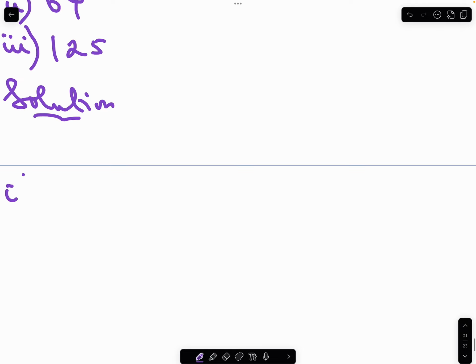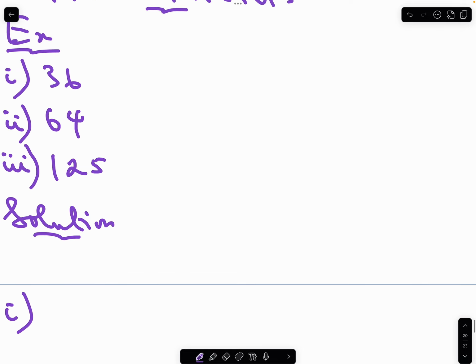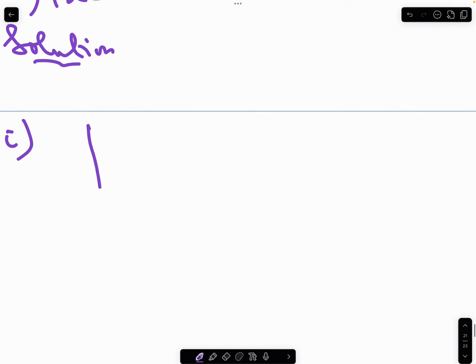For 36, we start dividing by the smallest prime number, which is 2. If 2 will not divide the number, you go to the next one, 3. If 3 will not divide it, you go to 5, and you keep going like that without skipping.